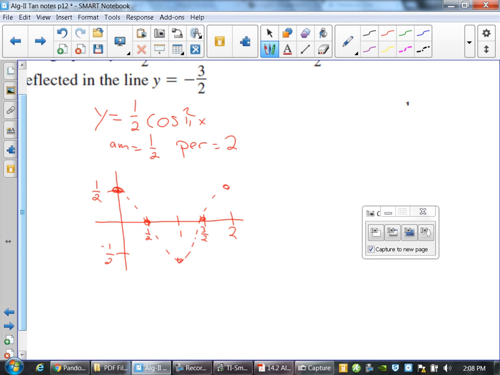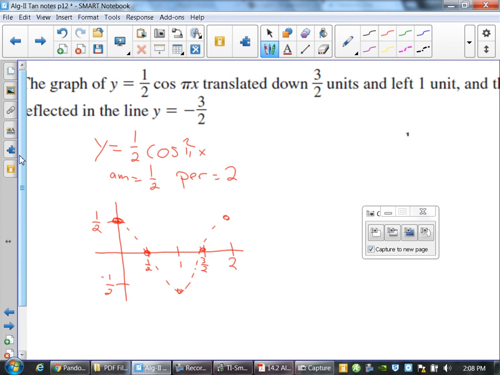Look at what the shift is saying to do. At this point, they're saying it's moving down 3 halves. So is this an H or a K value? That's a K value. Vertical. Okay. So right now we have this to start with: y equals 1/2 cosine.